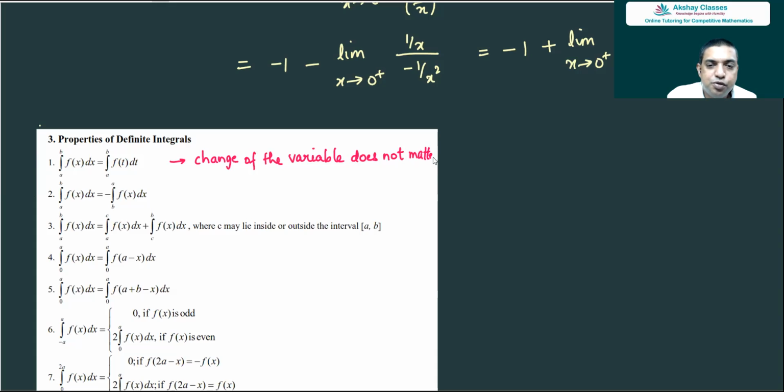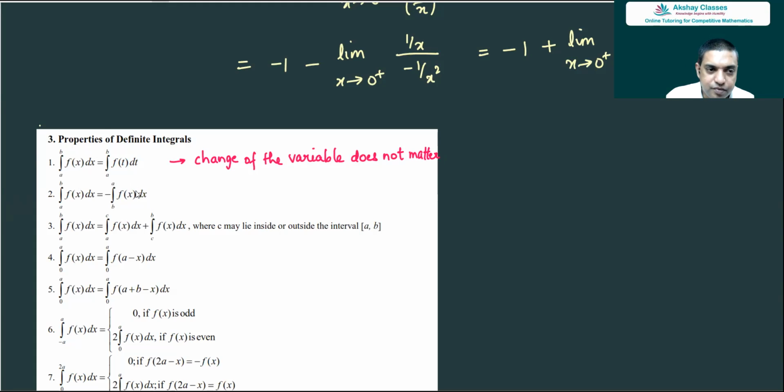It is not substitution, by the way. It is just x replaced by t, or by y, or by p. It doesn't matter. It is not that x is substituted as some other function. x is substituted as t. That's all.